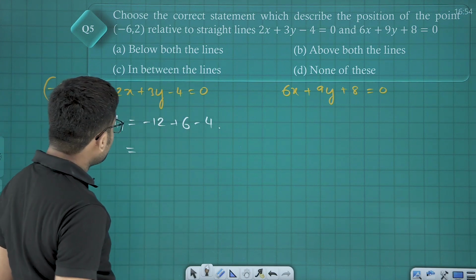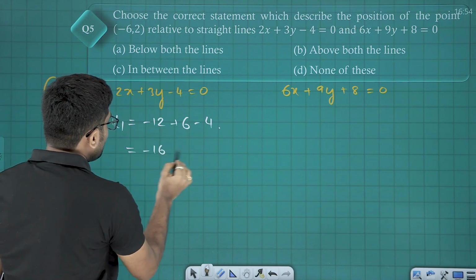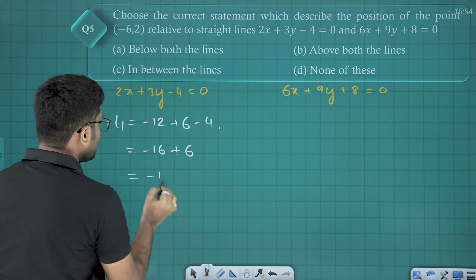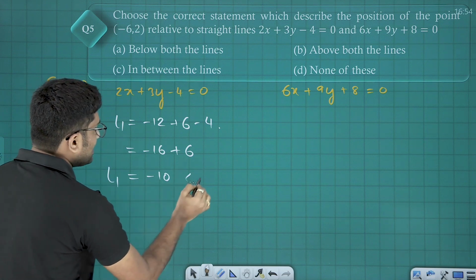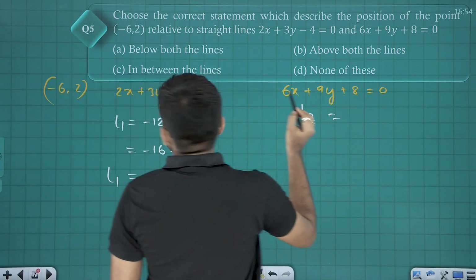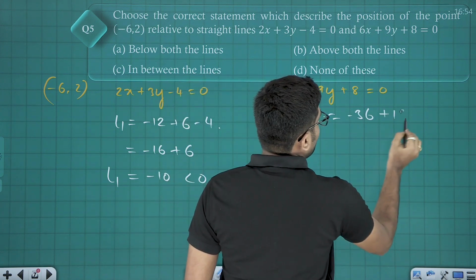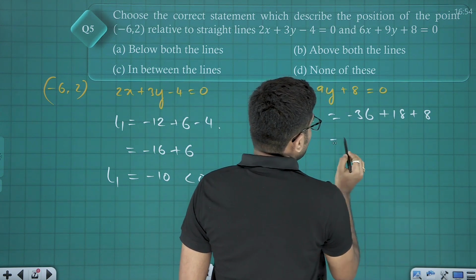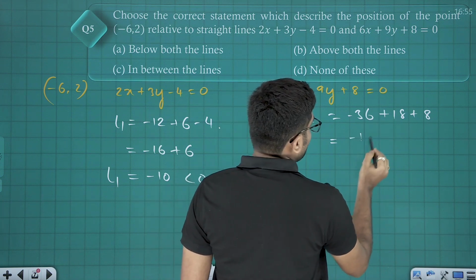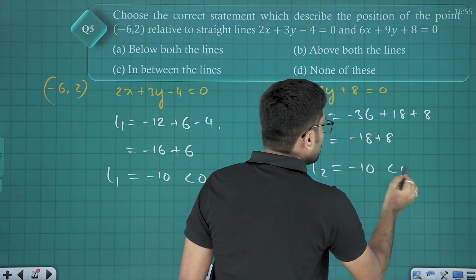So clearly it is minus 12 minus 4, minus 16, minus 16 plus 6 is minus 10. So L1 is less than 0. Next, L2 value, 6 6s are minus 36, 9 2s are 18 plus 8. So minus 36 plus 18 is minus 18 plus 8, which is again minus 10, also less than 0.